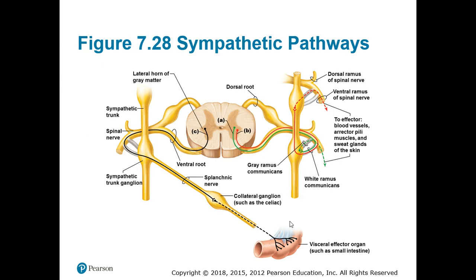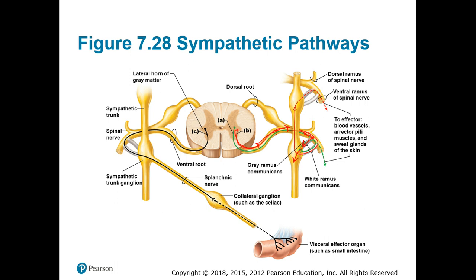I love this picture because it shows so many things in one. What it shows, and what I'm going to kind of point out, is what happens when it does synapse in our ganglion. So if we follow this, here, they're all going to go out the ventral root, come into our spinal nerve. They're going to go out to our ramus, pass through our ramus communicans.